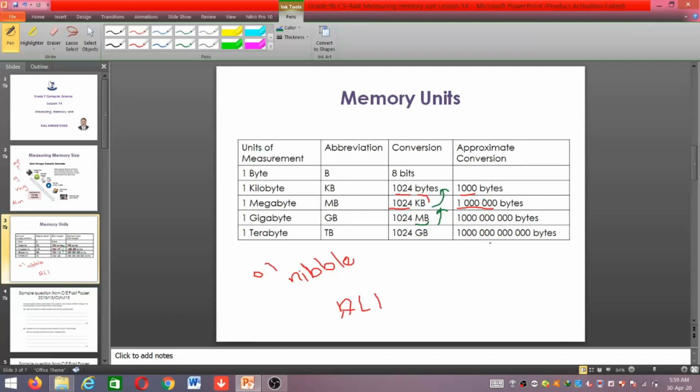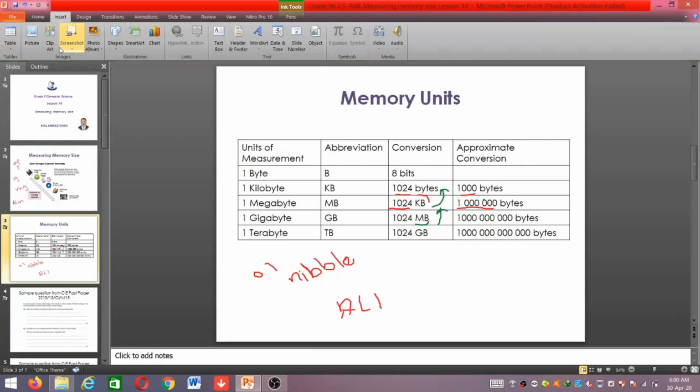There are 12 zeros in a trillion. So this is how we represent different storage units, and from the exam point of view, you need to know this: 1 TB is equal to how much, 1 GB is equal to how much, 1 MB is equal to how much, and 1 KB is equal to how much. So you need to know the exact values, and you need to know the approximate values for each.